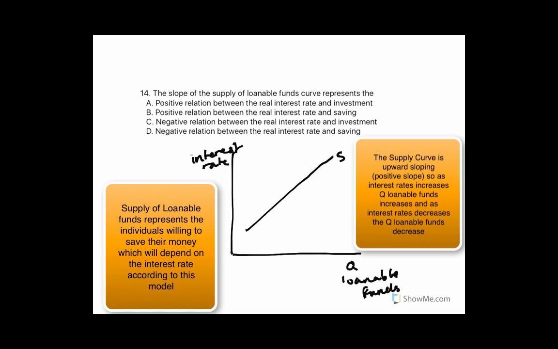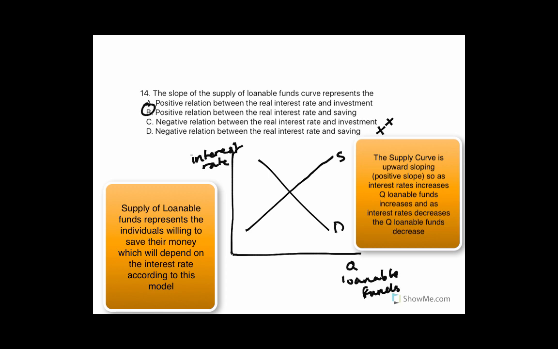It's obviously a positive relation because the supply curve is positive sloping. So it's the positive relation between investment, not investment because investment comes from demand here, right? So supply of loanable funds says that more people are willing to save at a higher interest rate. So the answer is B.